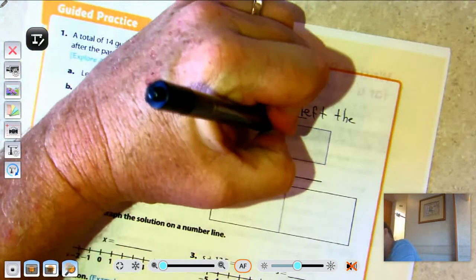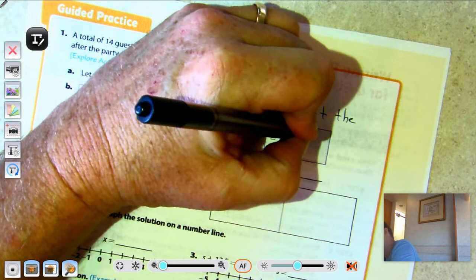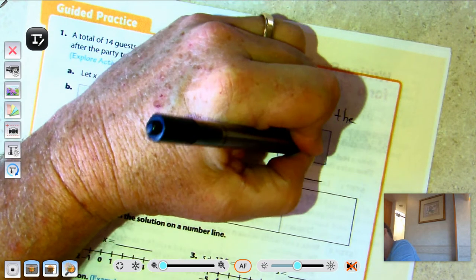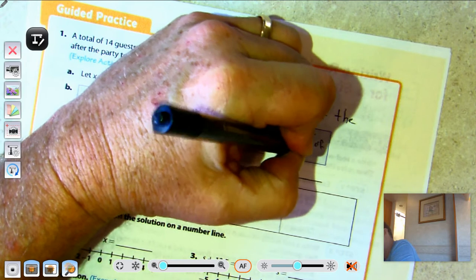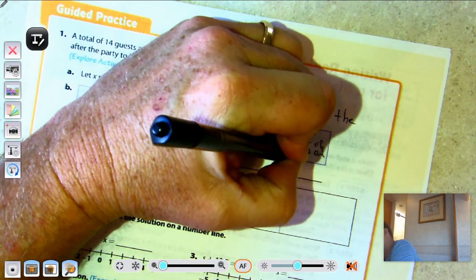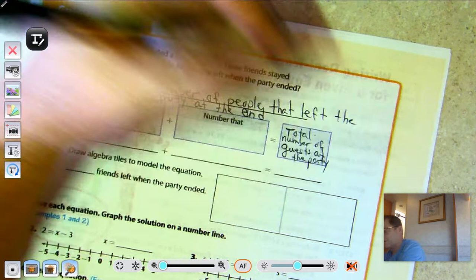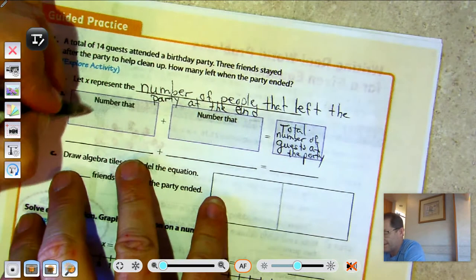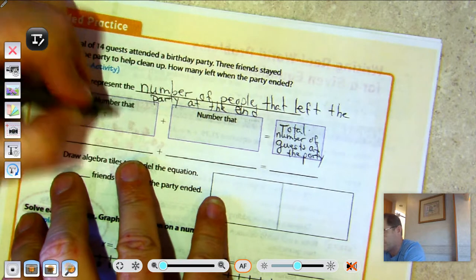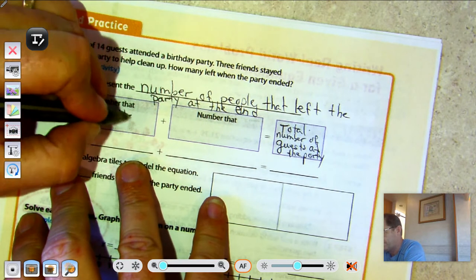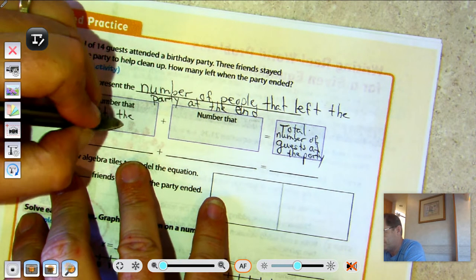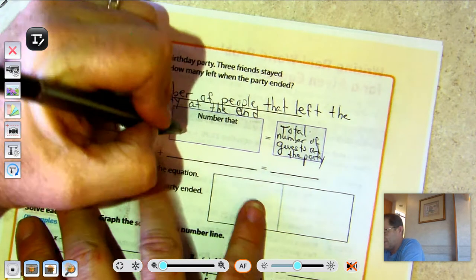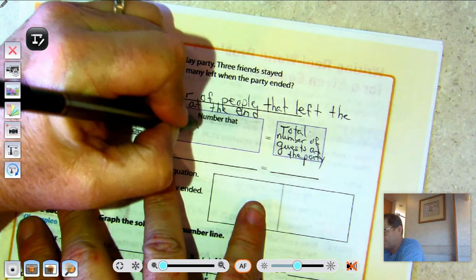So this could be the total number of guests at the party. We can start with the number that left the party. That could be our variable. And add the number that stayed to help.